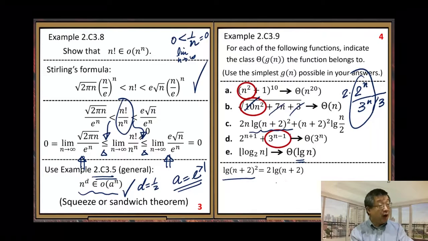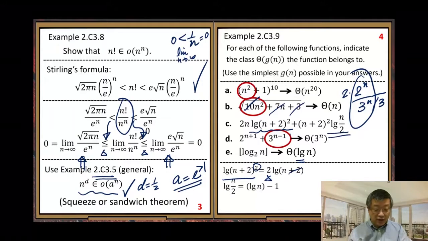By the property of logarithm, the exponent 2 can be brought down. So it is constant 2 times log of n plus 2. That plus 2 can be dropped, right? So it is constant 2 times log of n.